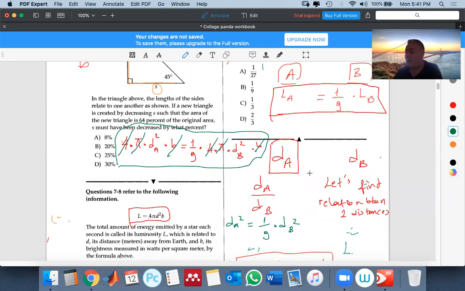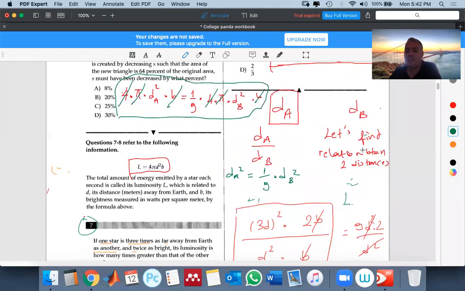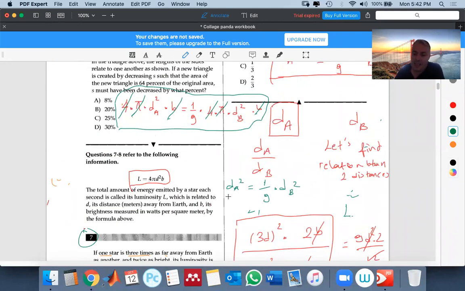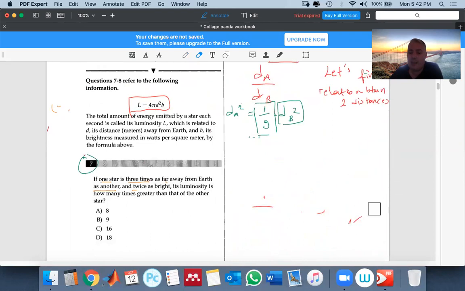The question was, let us read together: the distance of star A, which is dA, is what fraction of the distance of star B? So it is here. dA squared is 1 over 9 fraction of dB squared. If you take the square root of both sides, what will it be?